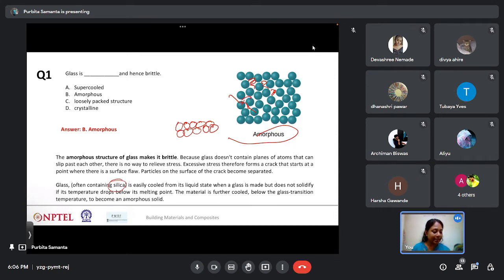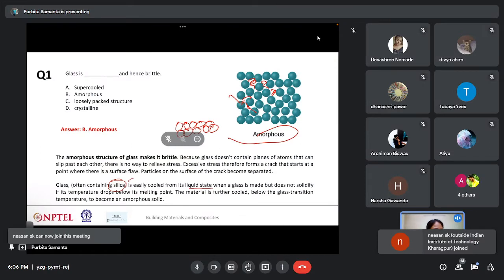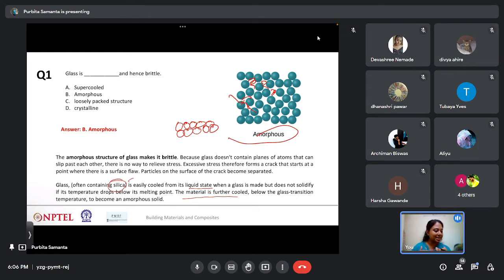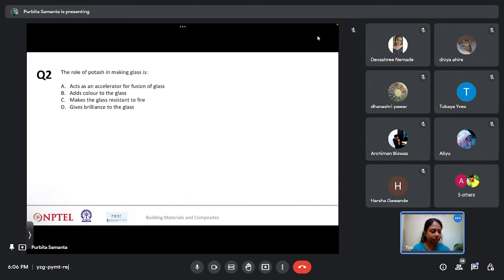It contains silica and can be easily cooled from its liquid state when the glass is being made, but it does not solidify until it reaches a temperature that drops below its melting point. So the material needs to be cooled further, and this cooling down gives the amorphous structure of glass. That basically defines the structure of glass.